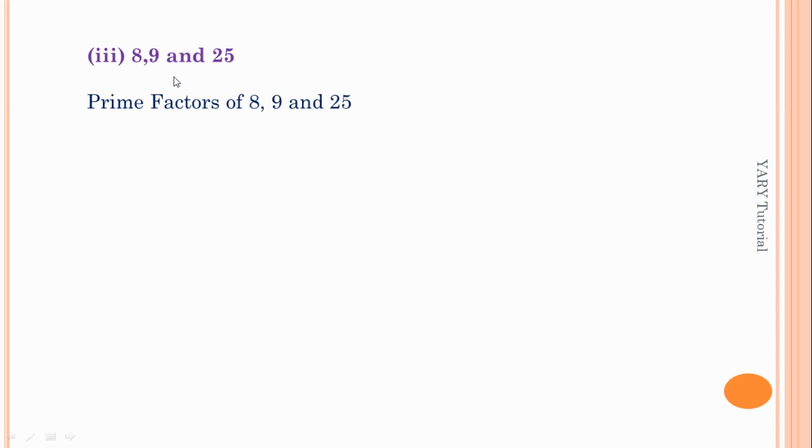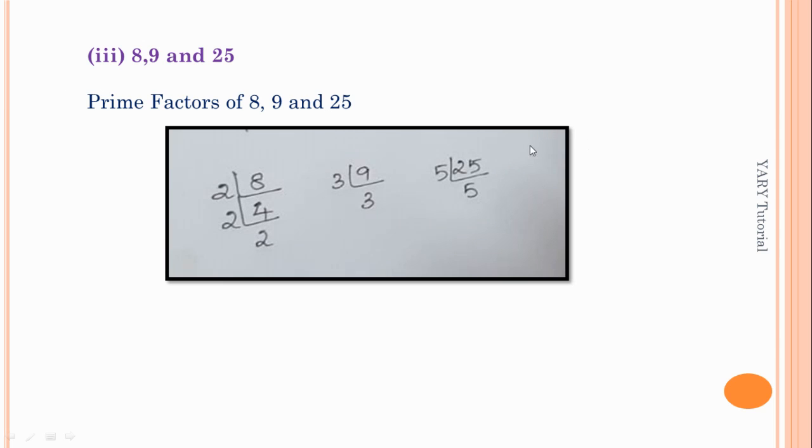The prime factors can be found like this. 8 can be divided by 2 to get quotient 4. 4 can be divided by 2 to get quotient 2. So the factors of 8 are 2 into 2 into 2, or 2 cube.